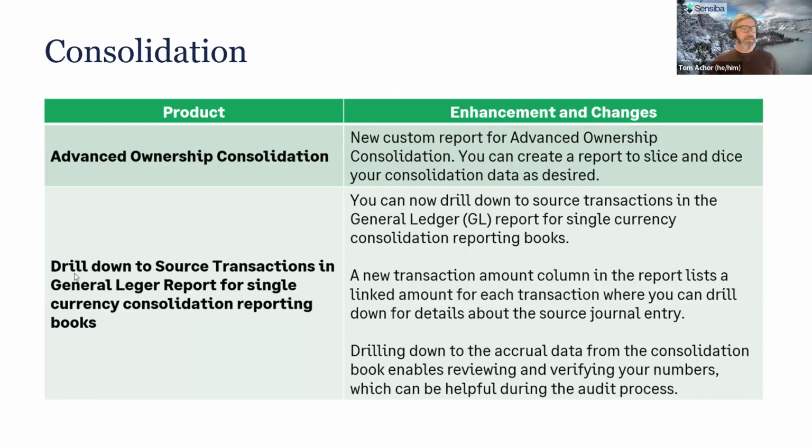And then I think this is really handy. If you have a general ledger report that you have run off of the consolidation book, any consolidation book, as long as it's a single currency consolidation, you will be able to drill from the consolidation back to the original accrual journal entries. And that hasn't been available until, I think, release 3.